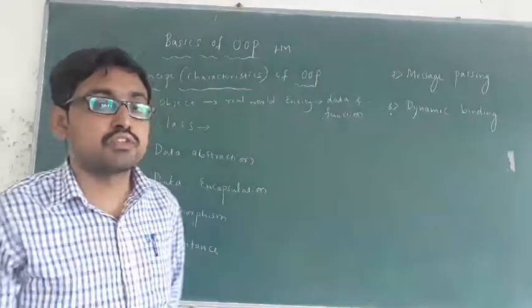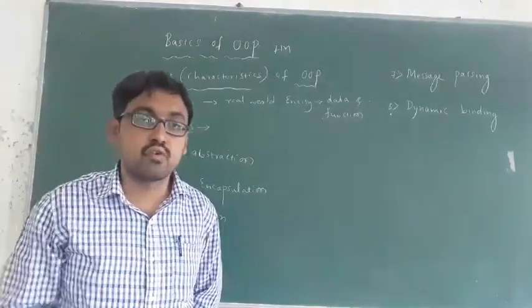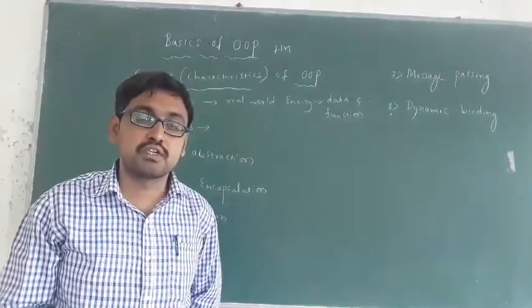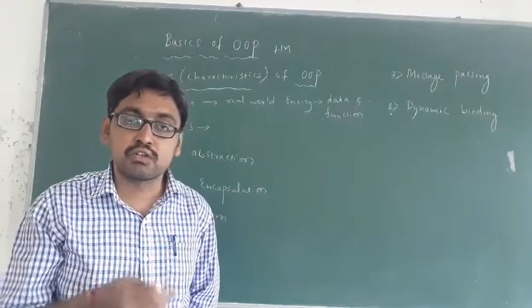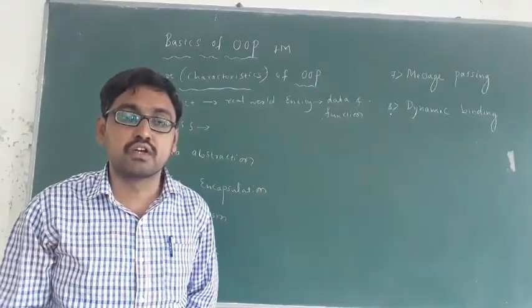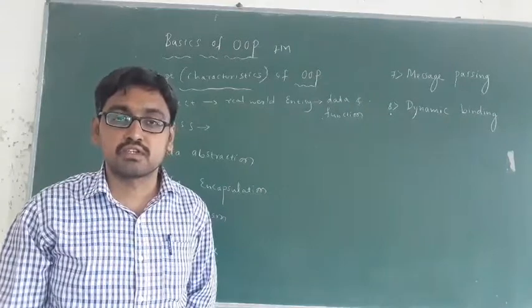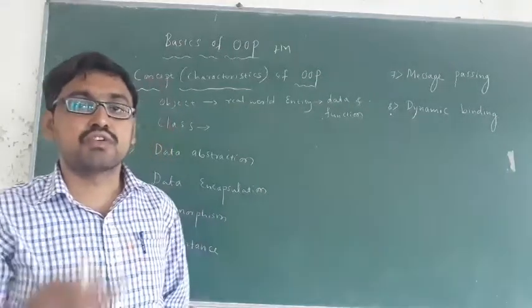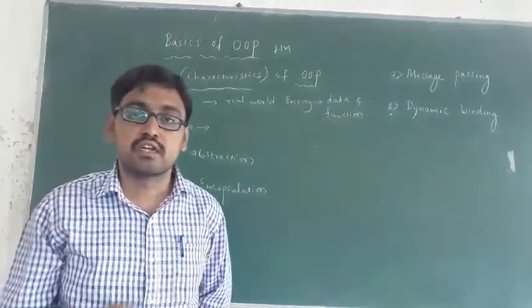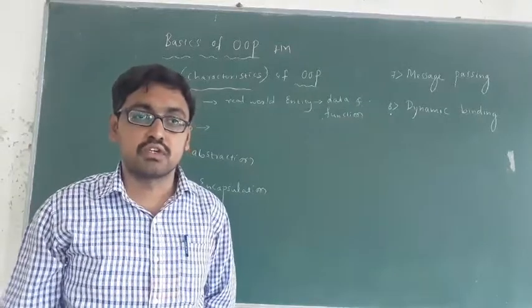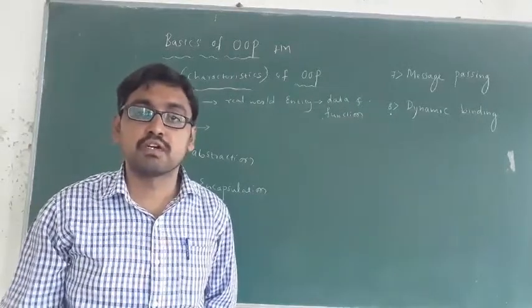In the examination a 2 marks question will be asked: write 2 features of an object oriented programming language. Two features: it focuses on an object, and data will be secured, or it follows bottom up design.